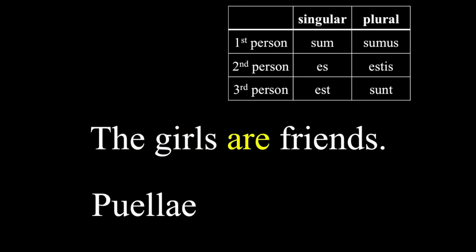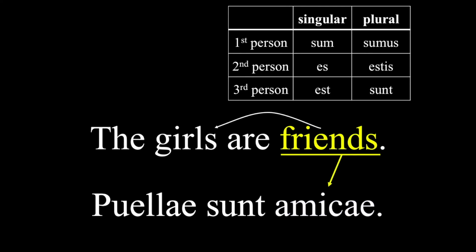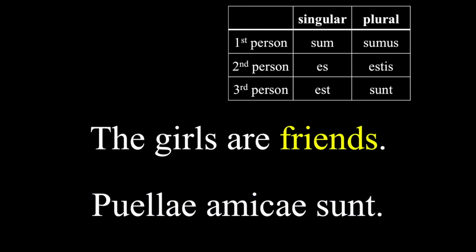In this context, we're saying they are rather than you are or we are here, so we need to use the third person plural form, which is sunt. The word friends refers back to the subject, so it'll need to be nominative plural as well, which is amicae. So we have puellae sunt amicae, although puellae amicae sunt would be just as good.